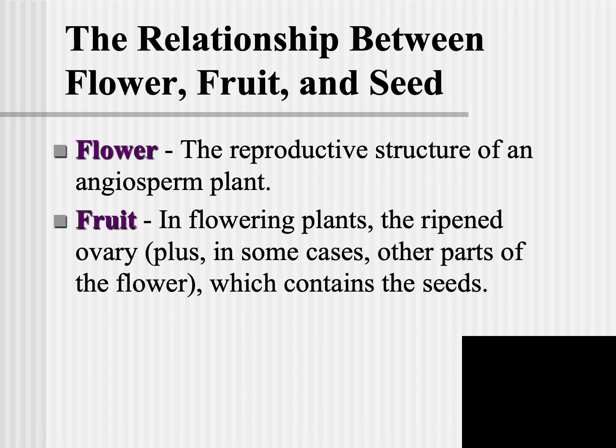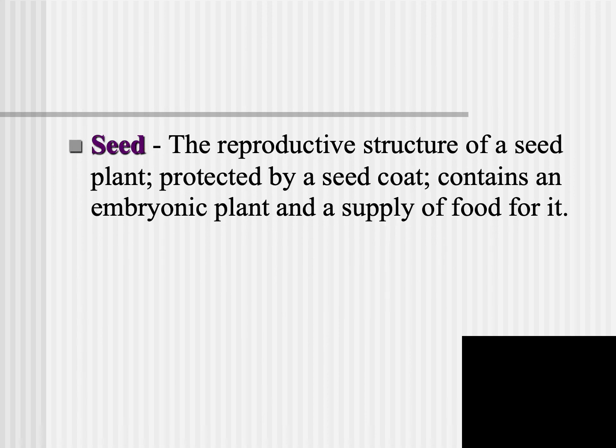From the flower, if the egg in the ovary is fertilized by the sperm in the pollen, then you could grow fruit. Inside of the fruit are the seeds, and the seeds contain the offspring or the embryos. Seeds have an embryonic plant, so that's why we plant seeds to grow a new plant, because the process of pollination and fertilization has occurred.